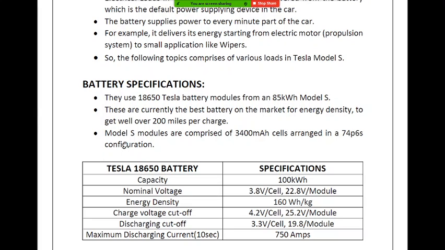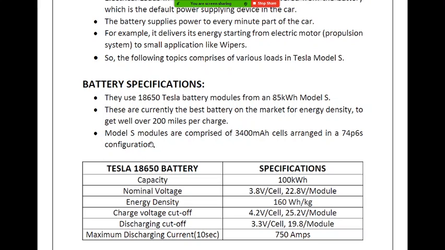In the current market, the one which Tesla is using is the best battery for energy density, and the reason behind its good output is the miles per charge. For a single charge, it could give you around 200 miles. That is why in the current market, this battery is the best.